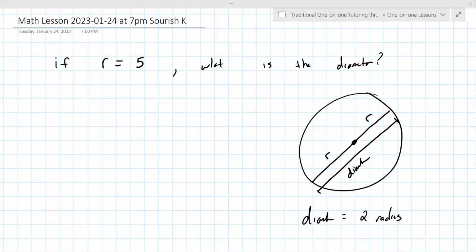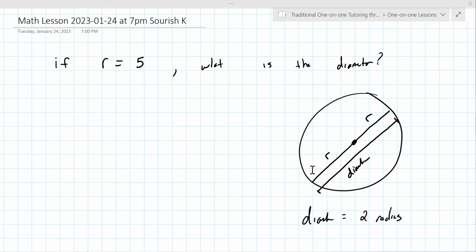What is the diameter, Sourish? This is hard, right?